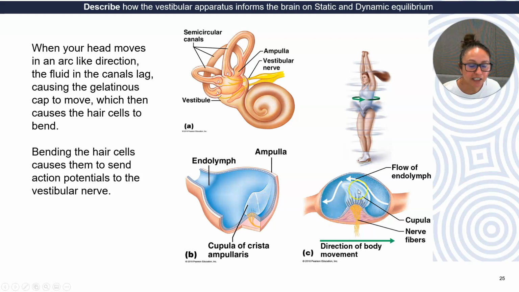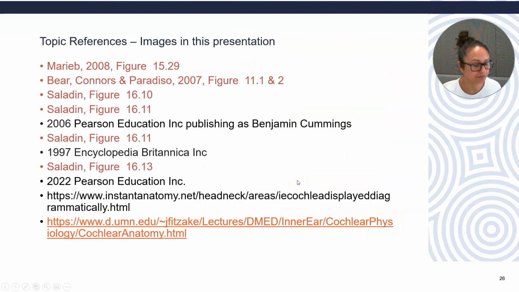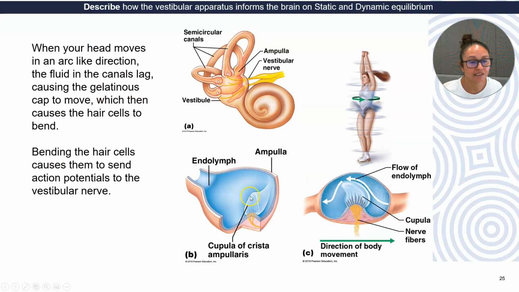And if the jelly moves, the hair cells will bend. And when their cilia bend, it causes them to fire action potentials. Essentially, that's how it works.